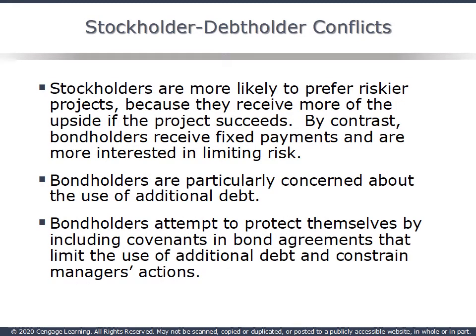We also have conflicts between stockholders and debt holders. So the stockholders, again, are the owners of the firm. Debt holders are lenders. Now, before we discuss this, let's review who has priority claim on a corporation's earnings and assets. Well, the stockholders are last in line.